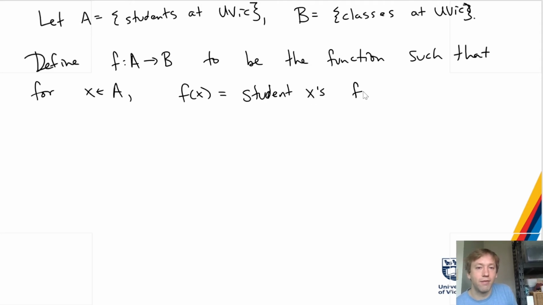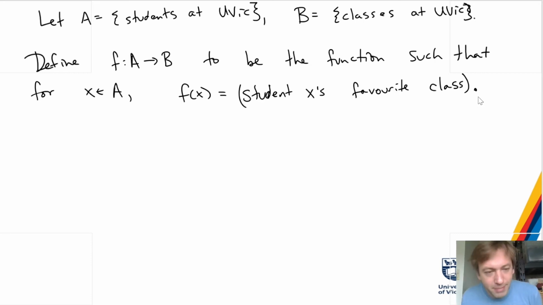Hopefully it's clear what I mean by that. Maybe this notation is not the most formal, but basically what I'm saying is for each student, f of that student I define to be equal to that student's favorite class.